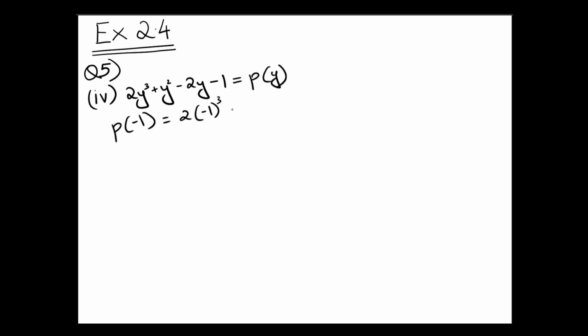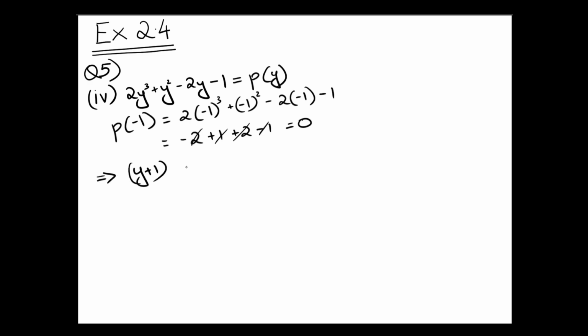This is 2 into minus 1 cube plus minus 1 square minus 2 into minus 1 minus 1. This gives me minus 2 plus 1 plus 2 minus 1. This becomes equal to 0, implying that y plus 1 is a factor.